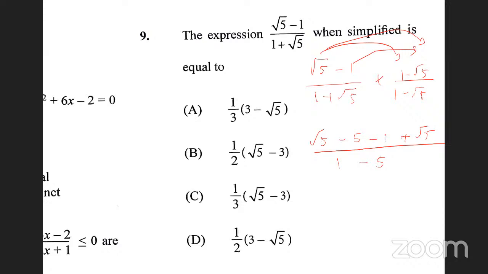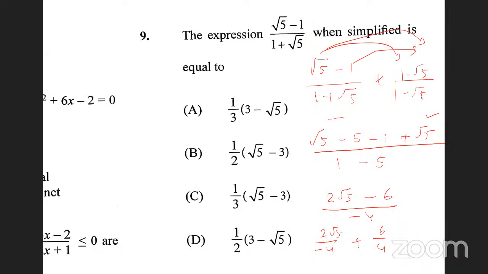So the numerator is plus root 5 plus root 5, which is 2 root 5, and minus 6, all over minus 4. So when you multiply it out, you will get 2 root 5 over minus 4, plus 6 over 4. It's a minus and a minus, right?